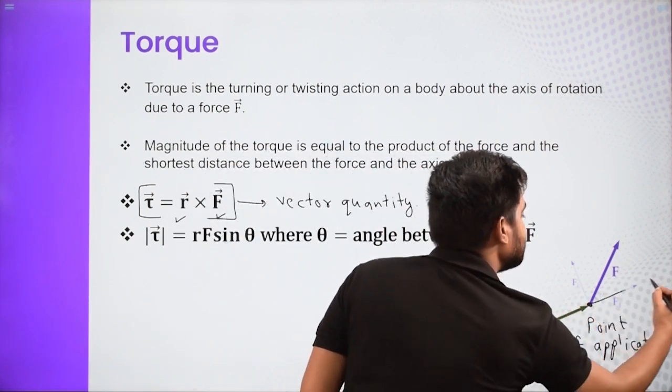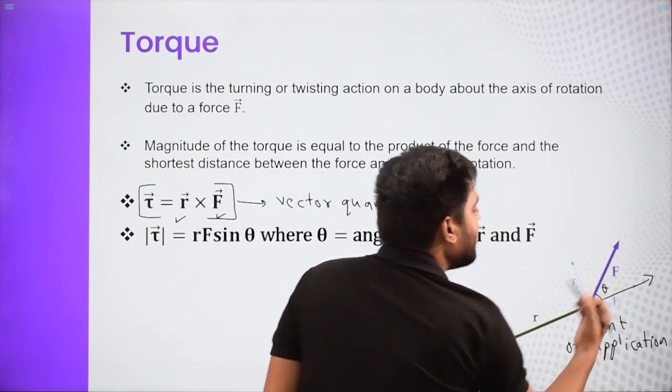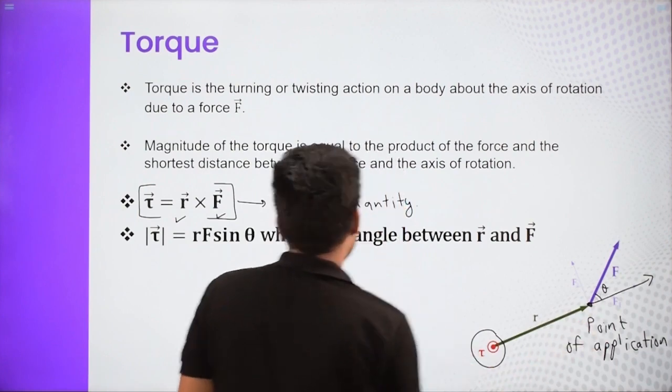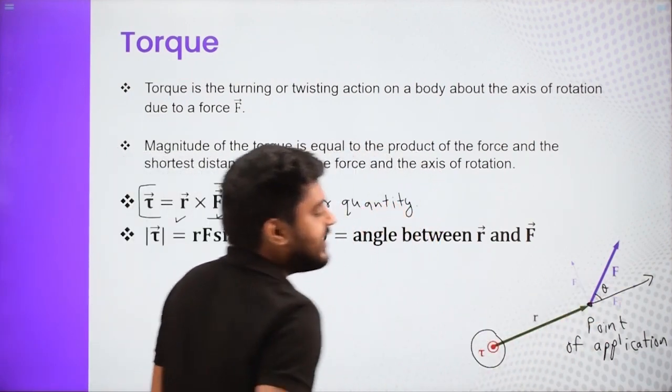This is the direction of R vector, and we are applying F vector at an angle theta from here. Now we will say that it is RF sine theta, where theta is the angle between R vector and F vector.